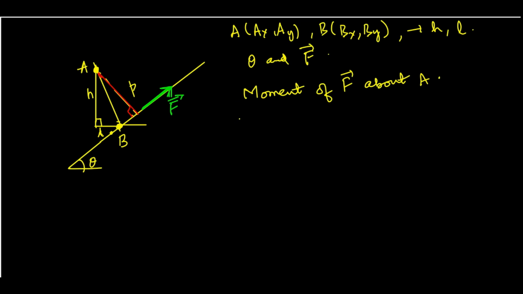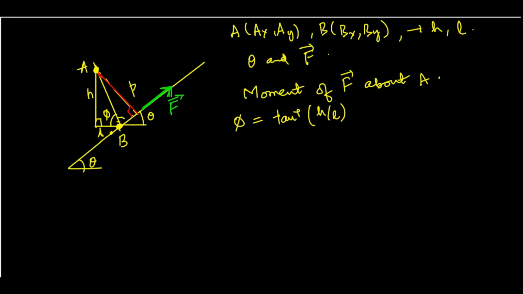Okay, so we know the theta, we know H and L. So let's say we know phi equals tan inverse of H by L. So this is phi, and this is your theta.